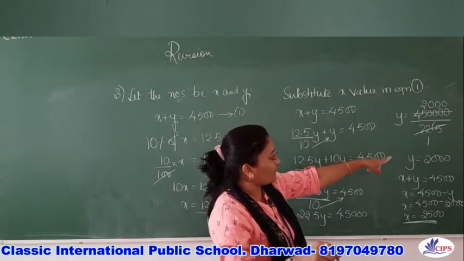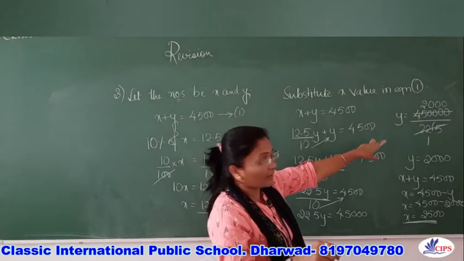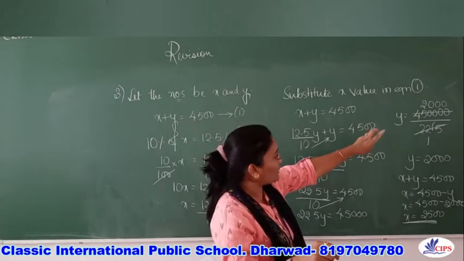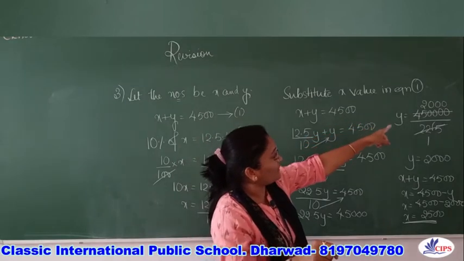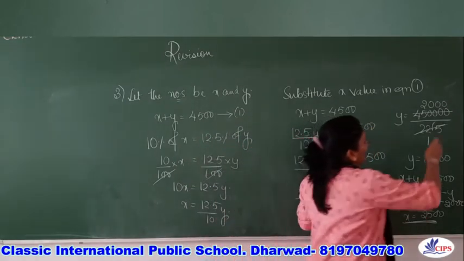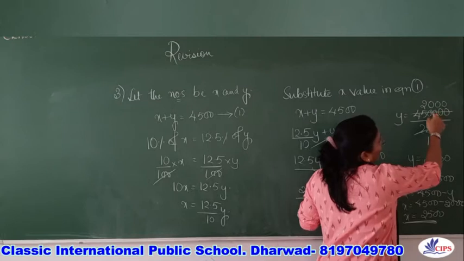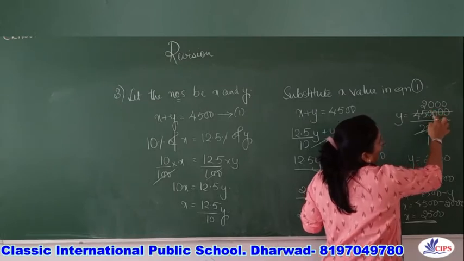Then 225 ones are 225, and 225 twos are 450. So that 2 I have written and the 3 zeros I have written.